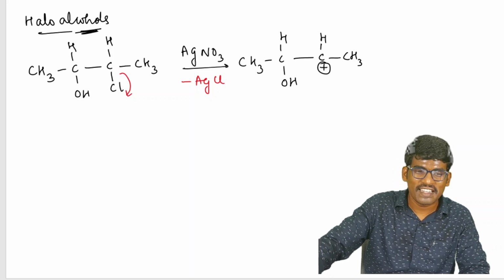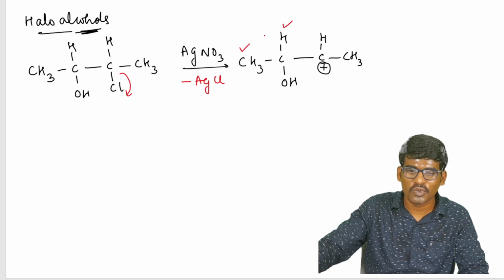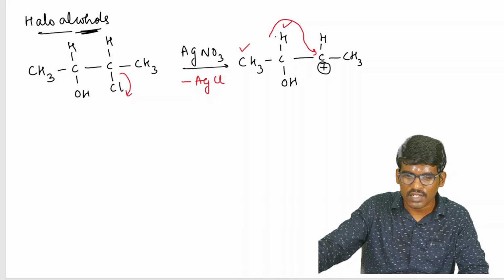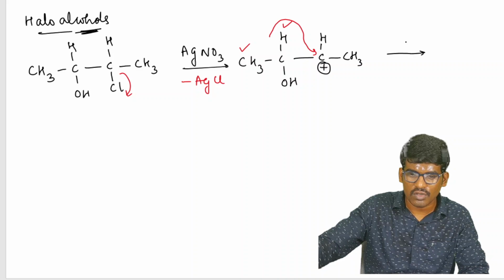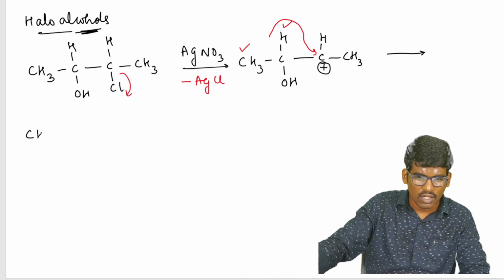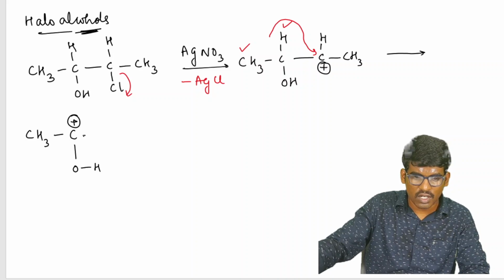But here migratory aptitude is used. There is a methyl group and there is a hydrogen. Which is going to migrate faster? Hydrogen is going to migrate faster. So the rate of hydrogen migration is faster. So you are going to do a 1,2 hydride shift. So it will be COH, the carbon acquires positive charge because hydrogen has been migrated.